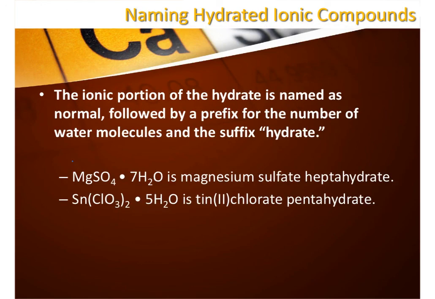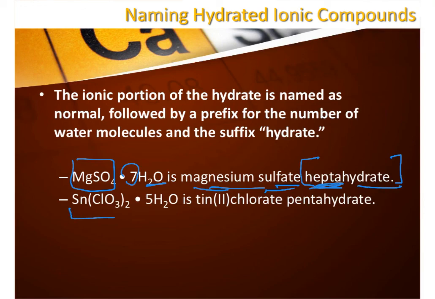Well, the ionic part is named as normal, so that would be called magnesium sulfate. And then you just add a third part onto the name that tells you how many water molecules are complexed with one ionic formula unit. And so, again, you have to know your prefixes. 7 means hepta, so it's just simply magnesium sulfate heptahydrate.